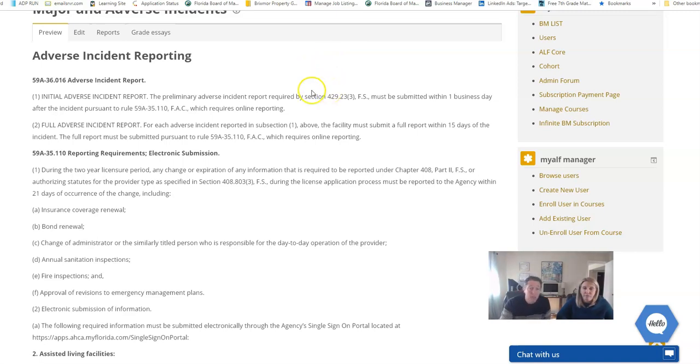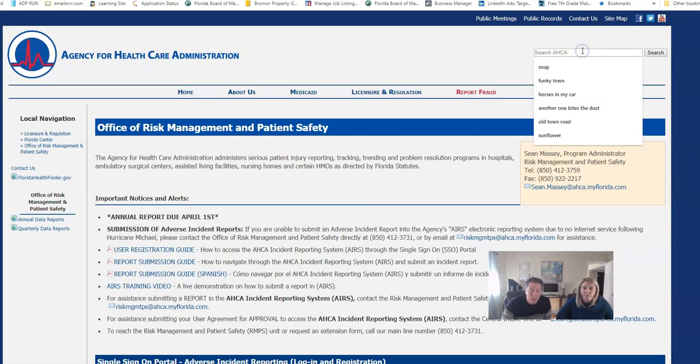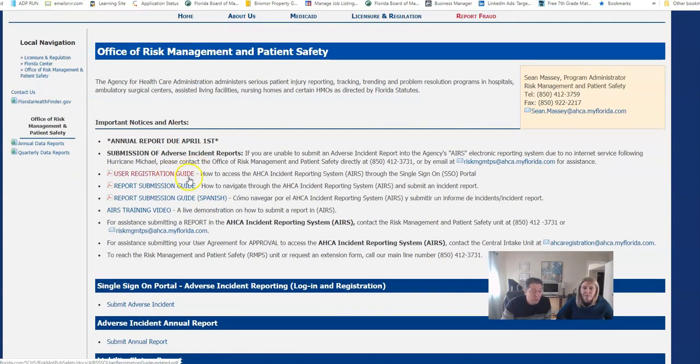Before we go into that, let me just show you. Basically, you'll go to ACA's website, and you can always do a search, and you can just see right here. There's the user registration guide. There's a training video, and we have the training video on the next few pages.